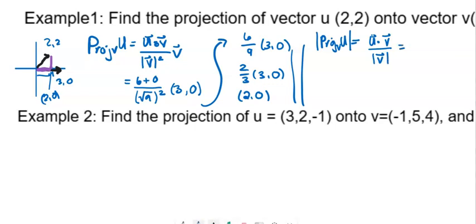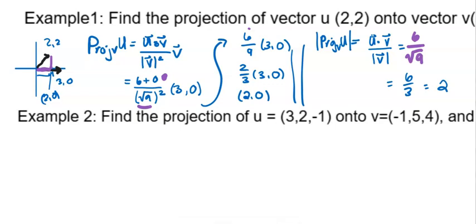And I already have that value here. There's my dot product there. So I'm just going to move that over there. And I already have the magnitude of v as well, so that's 3. And so that's going to be 6 over 3. So the magnitude of this vector is 2. And that also makes sense based on my diagram.